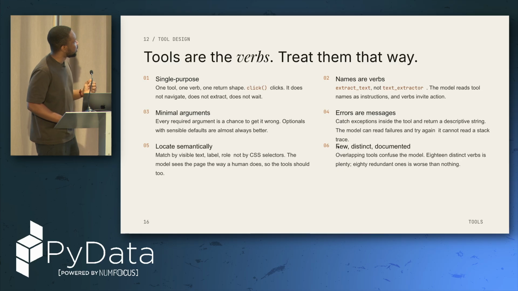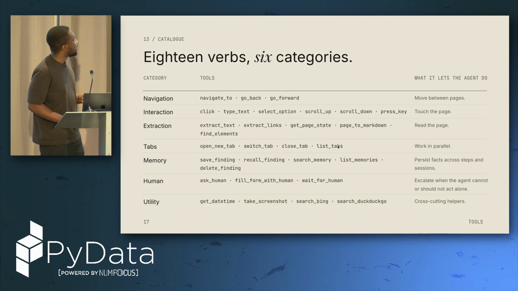The errors need to be messages, so we catch exceptions inside the tool and return them as descriptive strings, not as exceptions that could potentially crash our agent. They should be located semantically as well, matching visible text labels, and they should be properly documented, which is very important, in the sense that the docstring should be there so that our executor knows which tool to call and how to call it.